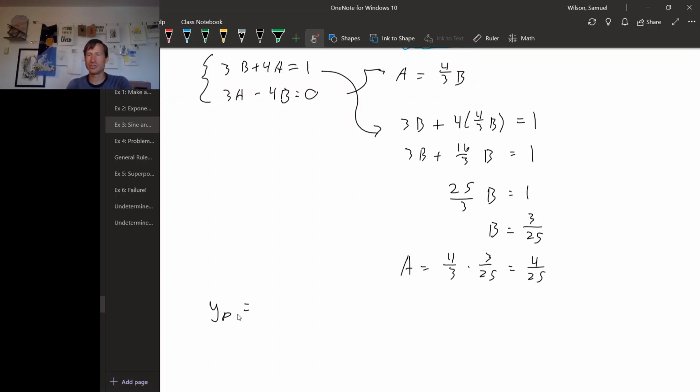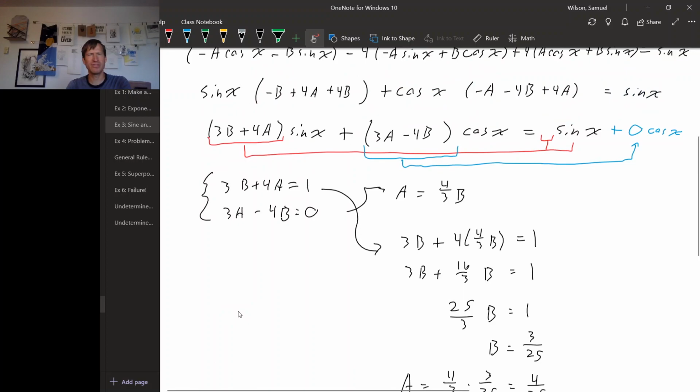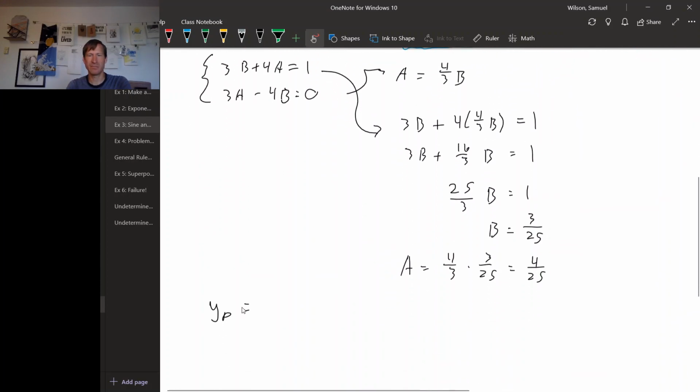Our particular solution is, let's see, I put the cosine first, I think. Yes, a times cosine, so 4/25 times cosine x plus b times sine x, so 3/25 times sine x.